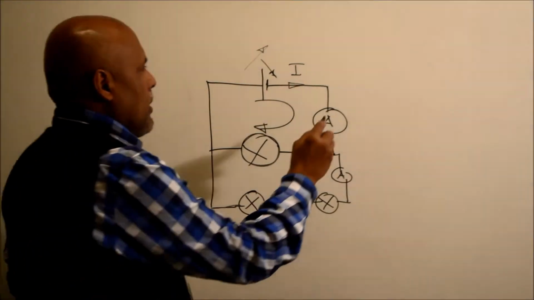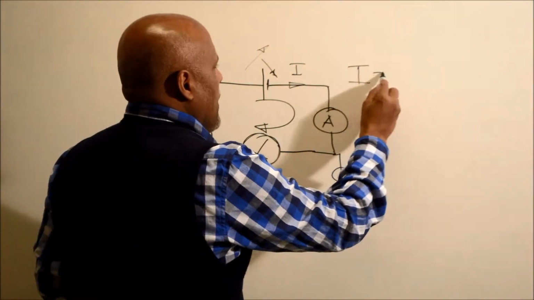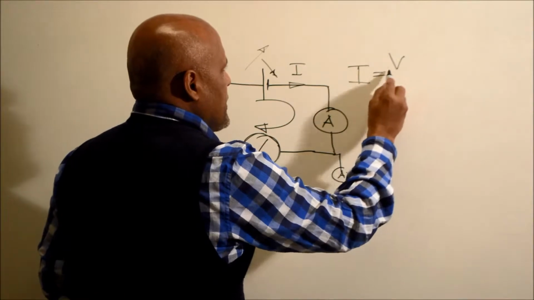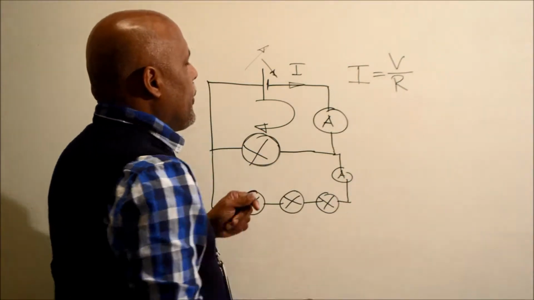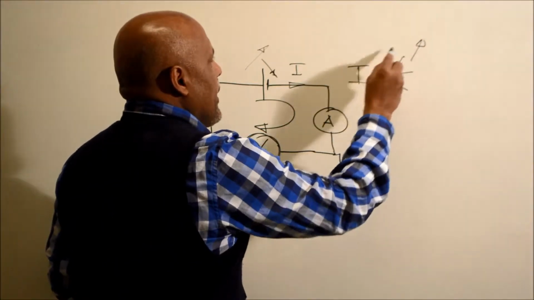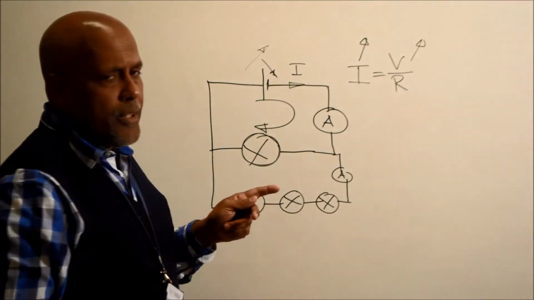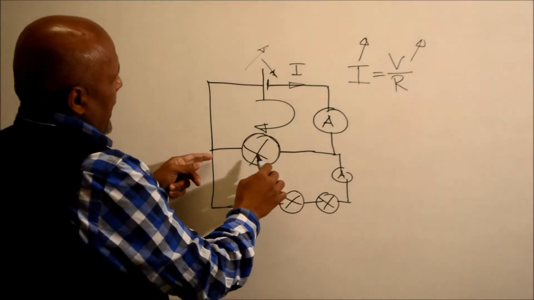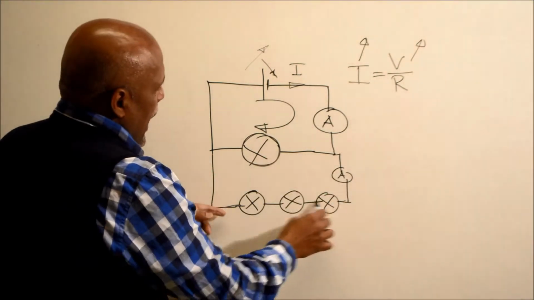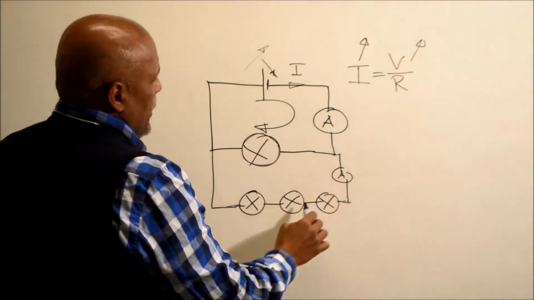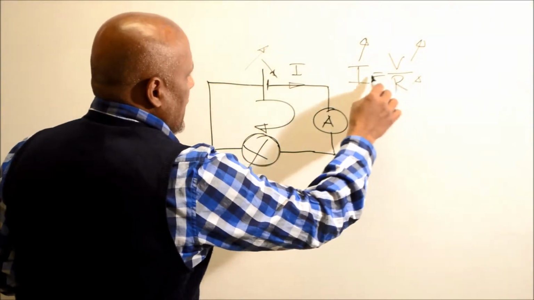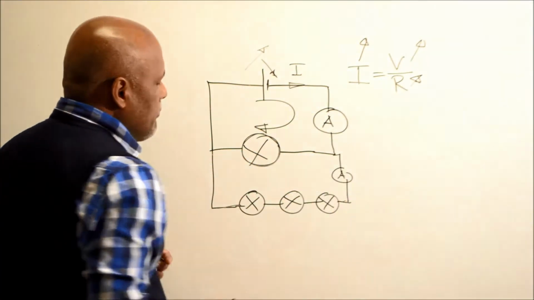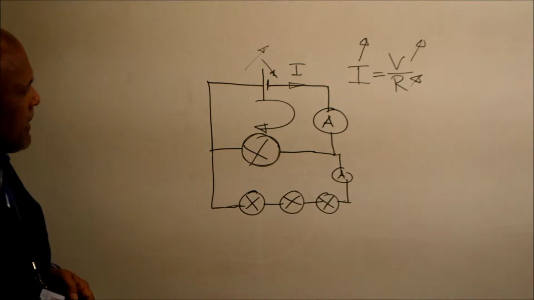We know that according to Ohm's law, current is equal to voltage divided by resistance. So if we increase the voltage, the current will increase. If we decrease the voltage, current will decrease. And when we connect three lamps instead of one lamp, then we increase the resistance. Of course, then the current will decrease. So we will demonstrate that.